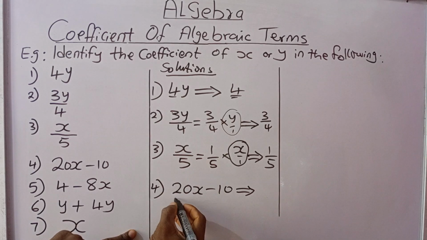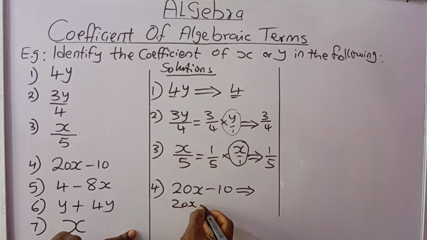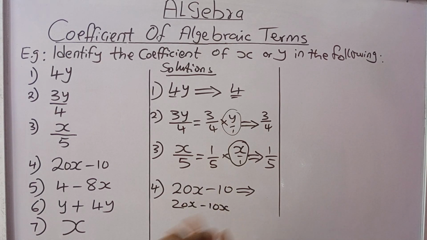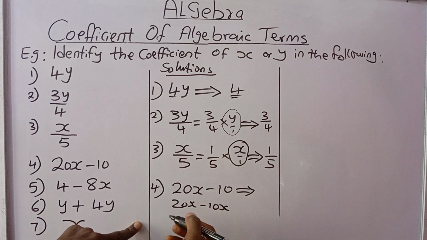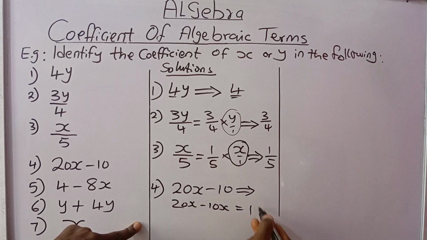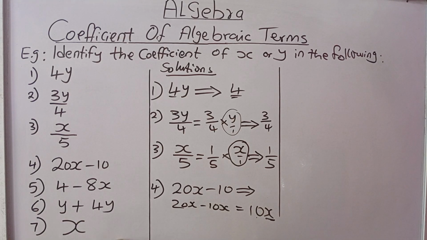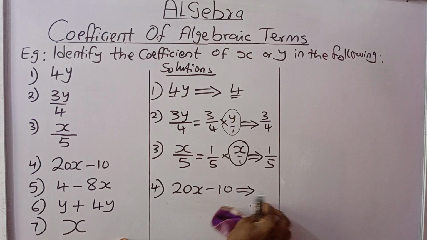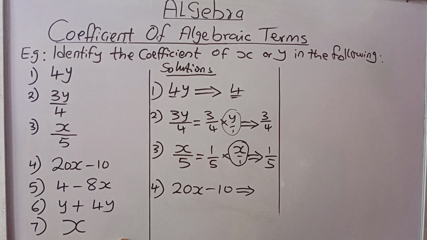Assuming we have the question like this, 20x minus 10x. That's when it will now include 10x. So both of them become like terms. I can now say 20x minus 10x will give us 10x. So in this instance, if I now ask what is the coefficient of x, the answer will be 10. But for this particular one here, we can't assume that 10 has x in it because it clearly does not have x.